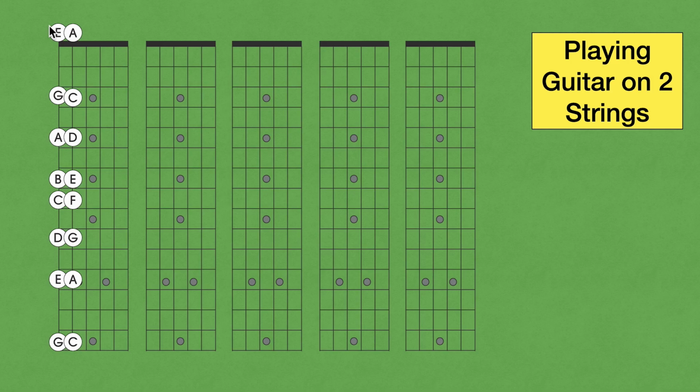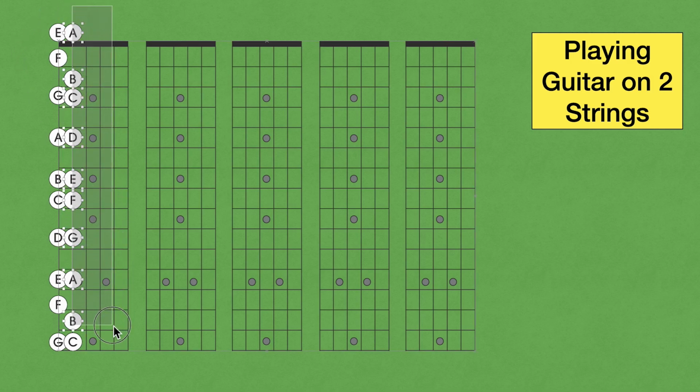Usually when we play from one string to an adjacent string, we're going to see a lot of notes on the same fret. E to A, G to C, A to D, B to E, C to F, D to G, E to A, and G to C. We'll bring those back right here. The only time that we don't see this interval, which is a perfect fourth, is from the F. And so that is just a lone exception there.